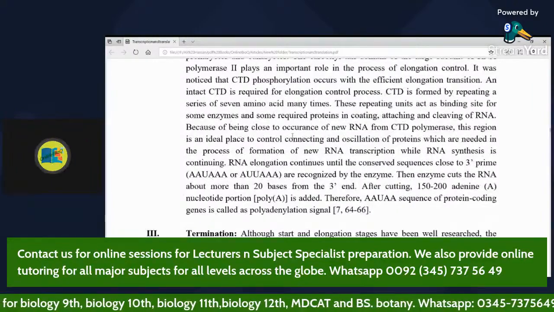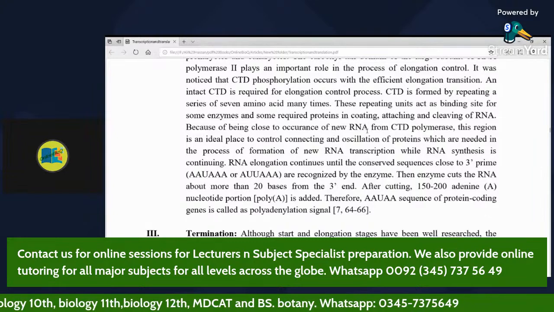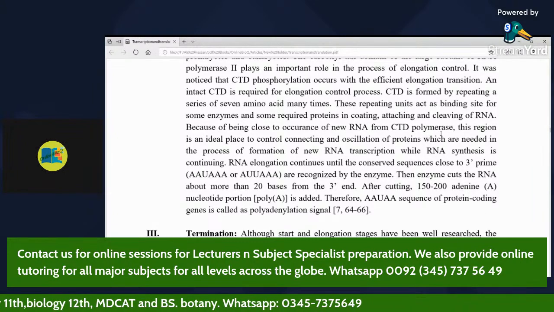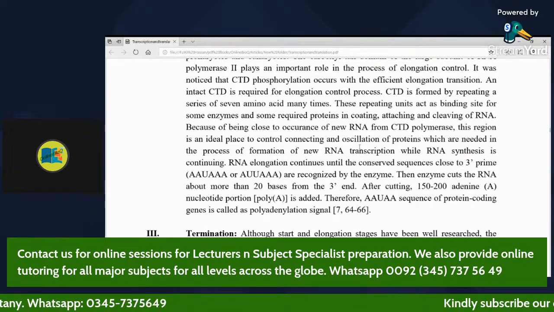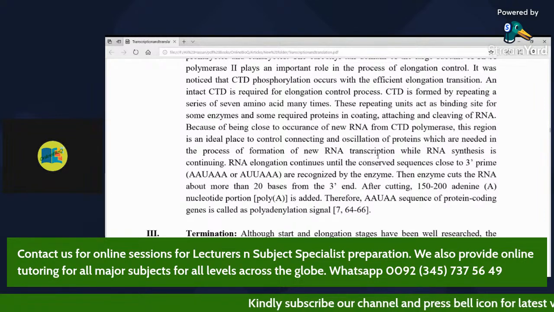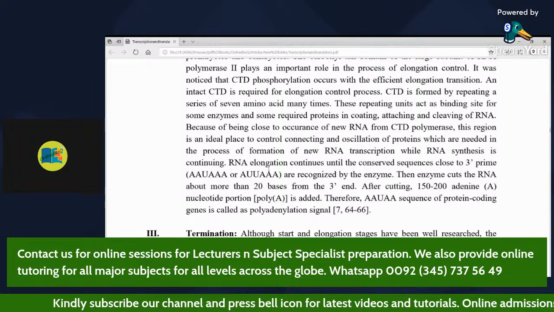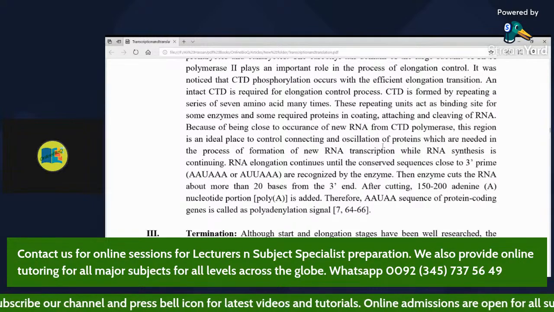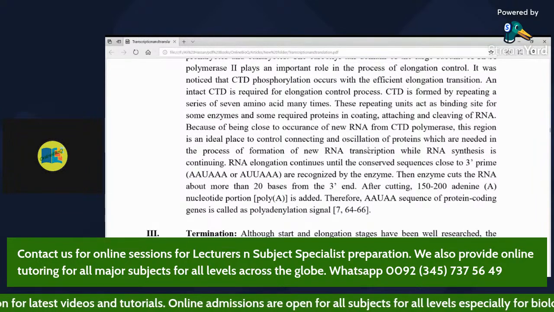Because of being close to the occurrence of new RNA from the polymerase, this region is an ideal place to control the connecting and release of proteins which are needed in the process of formation of new RNA transcript while RNA synthesis is continuing. So this is the elongation phase of transcription.